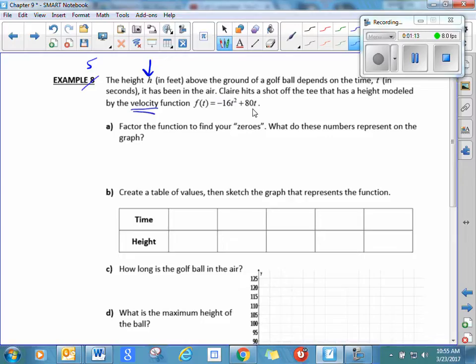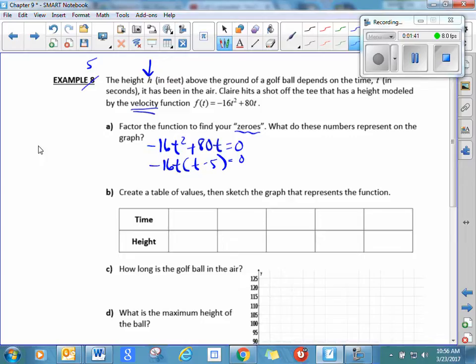The first thing it asks us to do is factor the function to find our zeros. So if we take our function, put it in standard form, which means set it equal to 0, I'm going to solve by factoring. I'm going to take out a minus 16t, and I'll end up with t minus 5 equals 0.